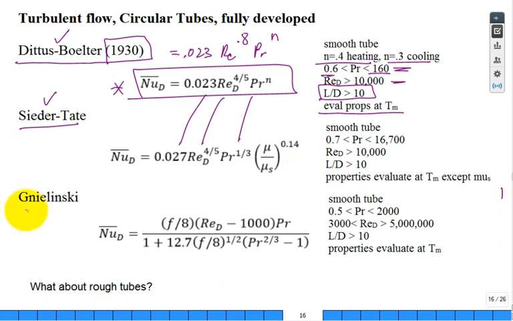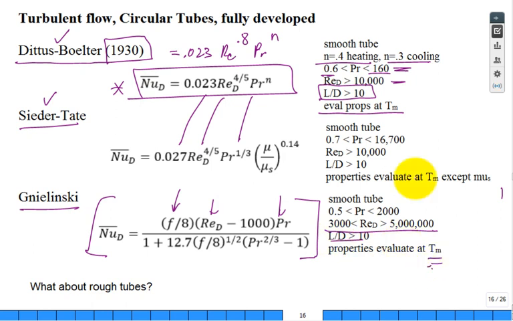Okay, what about this? Another one they publish, and I know there's plenty of them out there. They have the friction factor, the Reynolds number, the Prandtl number. They have the range of the Reynolds number, fully developed, evaluate the properties at T sub m, just like the other correlations. And all of these are for smooth tubes.